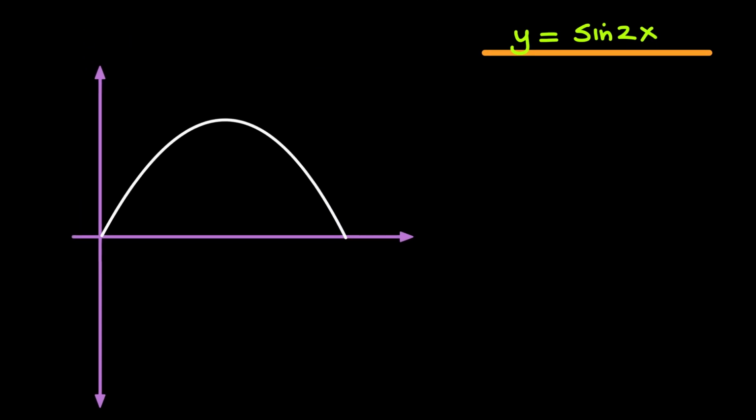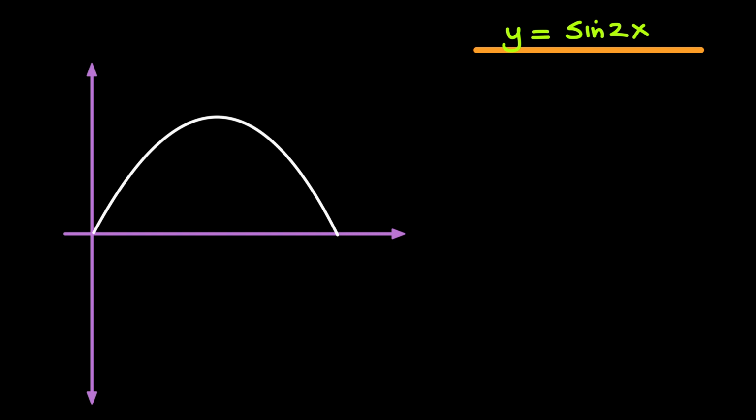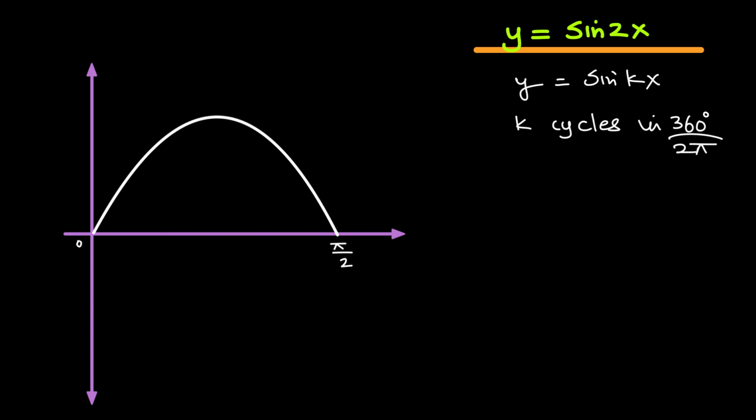Let's look at this question. A graph of y equals sine 2x is drawn. This is 0 and this is pi by 2. We know the rule, y equals sine kx means k cycles in 360 degrees or 2 pi radians.